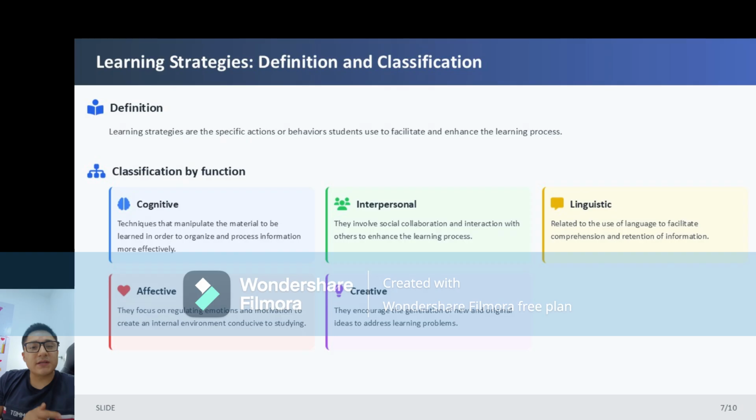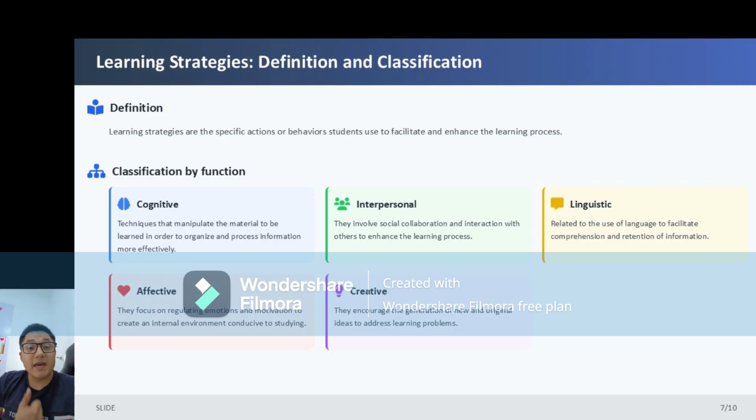Learning strategies. Classification. Learning strategies are the specific actions or behaviors that students use to facilitate and improve the learning process. We can classify them according to their function. Cognitive: they manipulate the material to organize information.